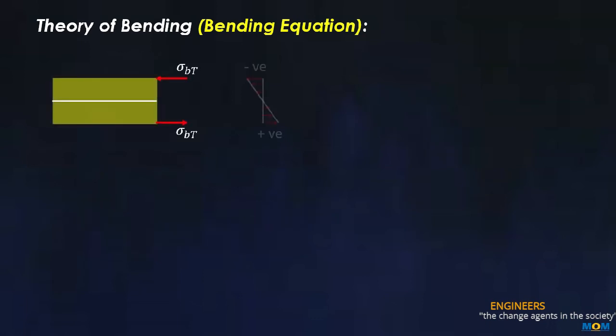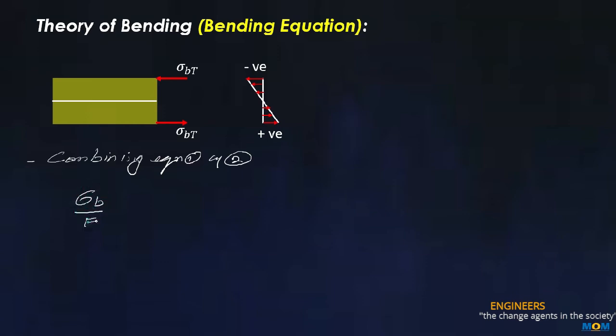Now by combining equation 1 and equation 2, we can write this as sigma b upon E is equal to y upon rho.